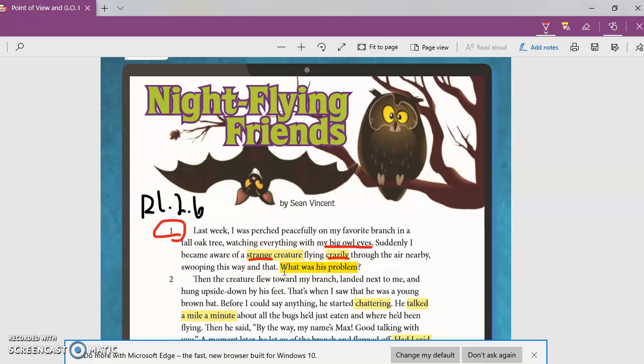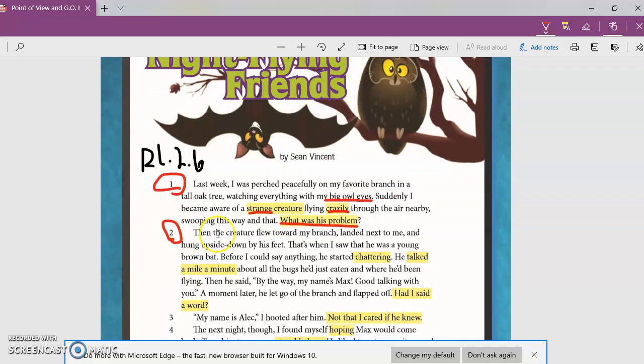And when we use the words strange and crazily, we usually think that's not such a positive thing. So far, we can see that the owl is kind of annoyed by this bat already, because it also says, what is his problem? He's not too fond of the bat.